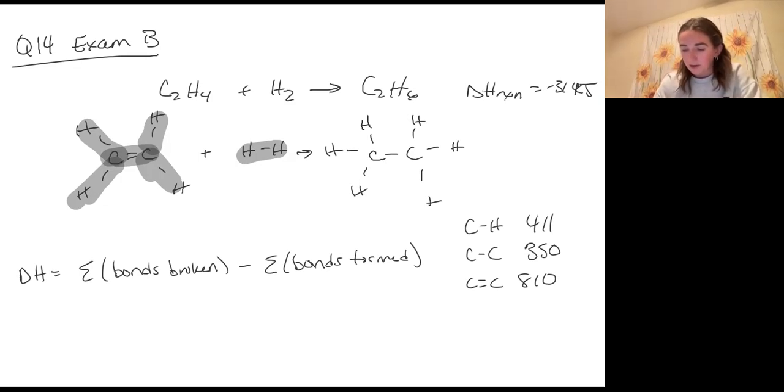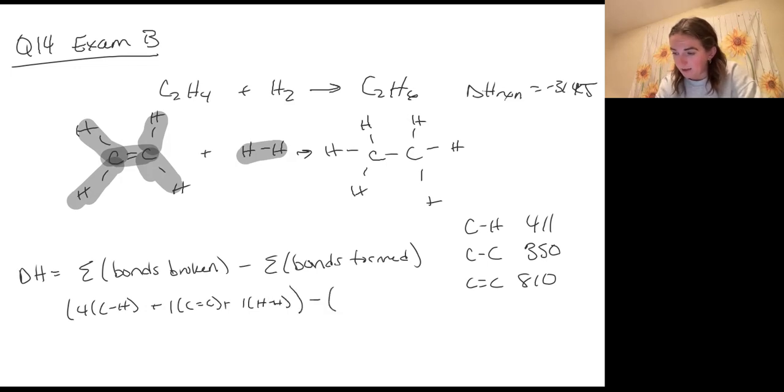So your bonds broken are going to be 4 CH bonds and then 1 HH bond, and you have one more, so then you have 1 C double bonded and then 1 HH bond.